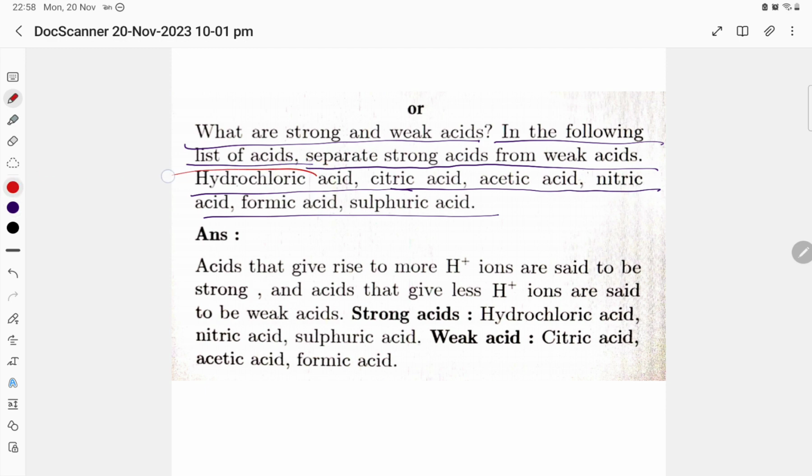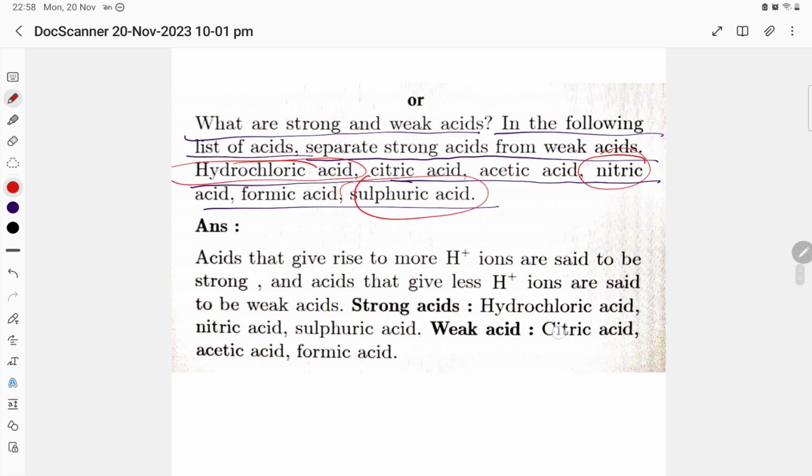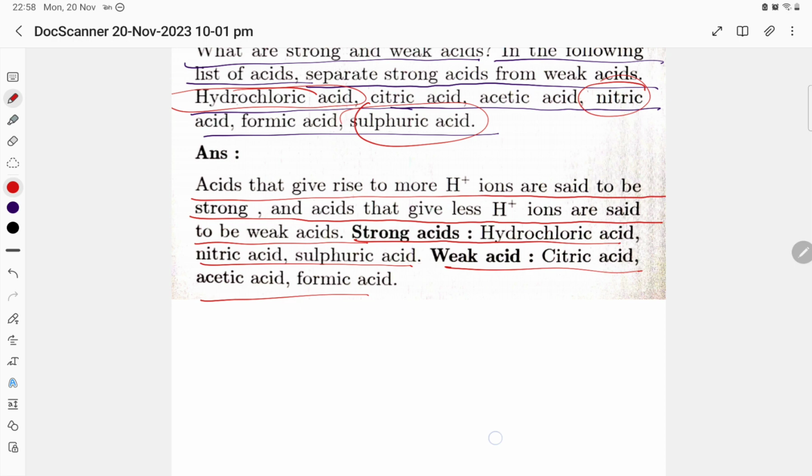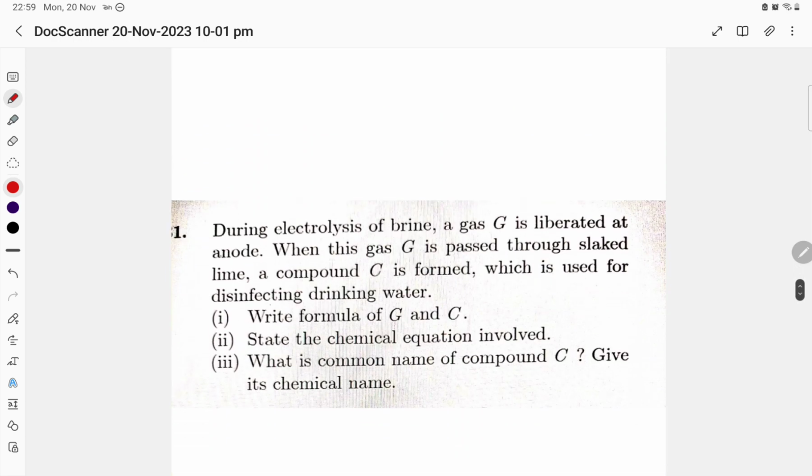So hydrochloric acid is a strong acid, nitric acid is strong, sulfuric acid is strong. Acids that give more H plus ions are said to be strong, and acids that give fewer H plus ions are said to be weak acids. Strong acids: hydrochloric acid, nitric acid, sulfuric acid. Weak acids: citric acid, acetic acid and formic acid.